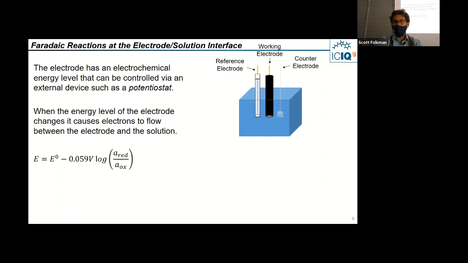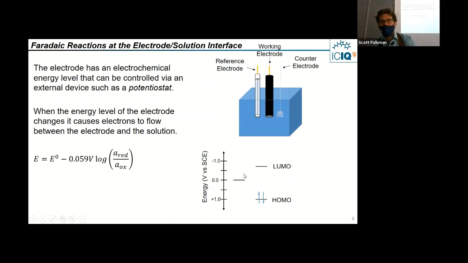The thermodynamic description is shown here in the Nernst equation. And pictographically shown here, we have this energy diagram shown versus SCE. We could also show this versus a vacuum or different reference electrode.